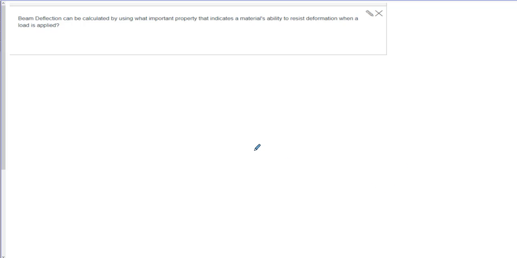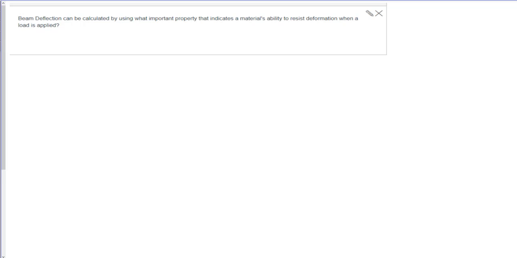Okay, next question. Beam deflection can be calculated by using what important property that indicates a material's ability to resist deformation when a load is applied? The answer to that question is moment of inertia.